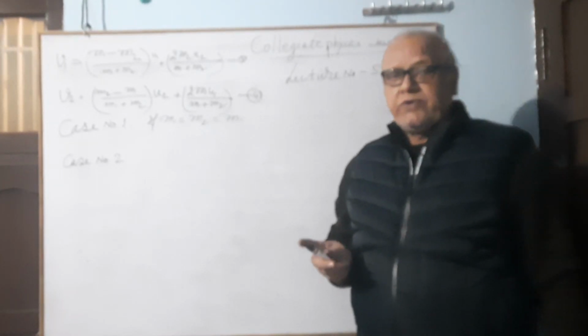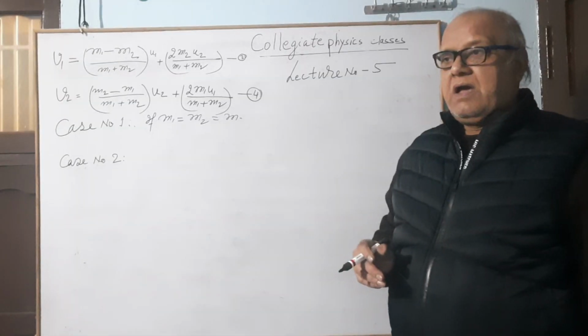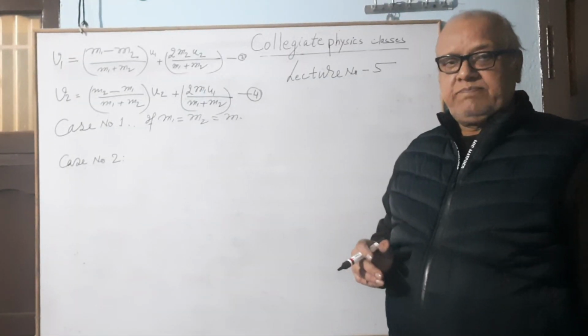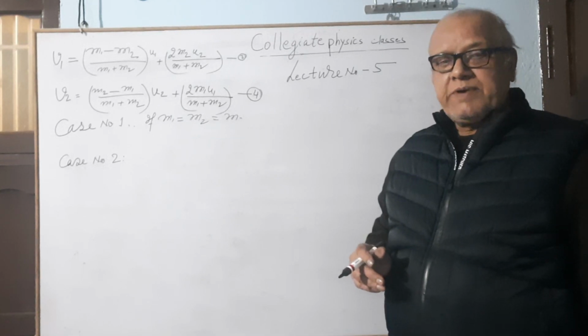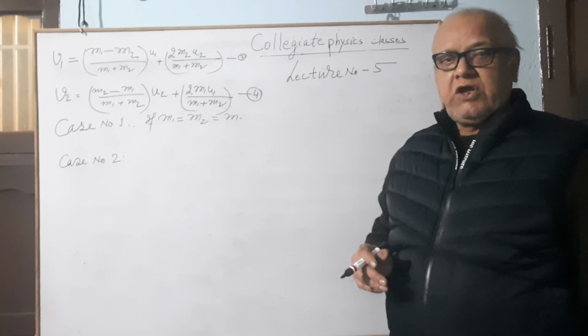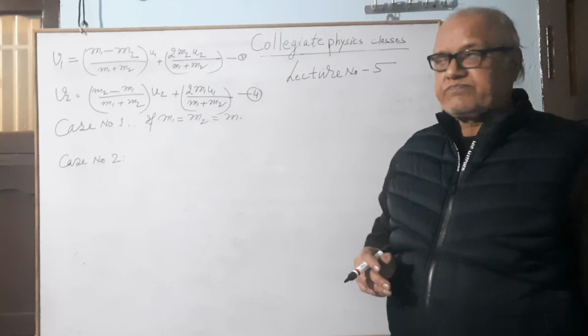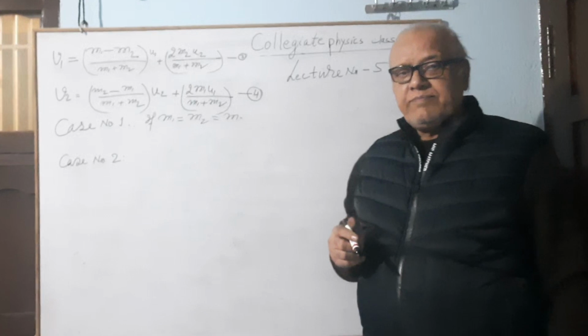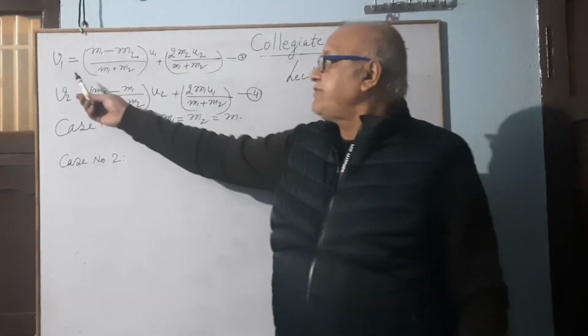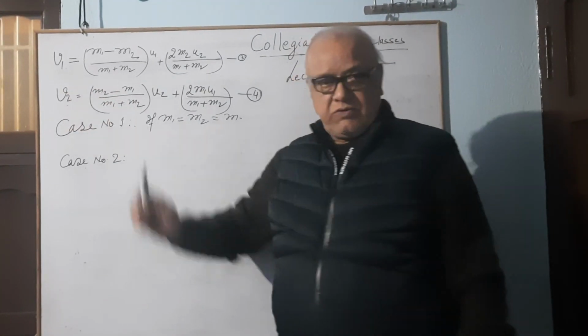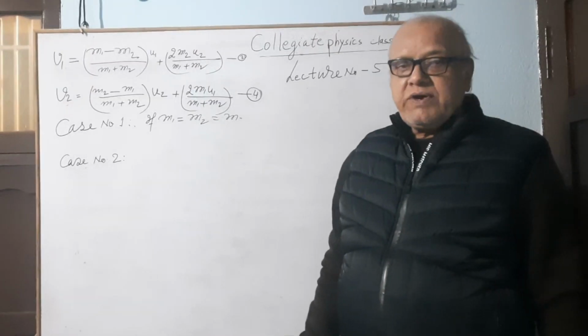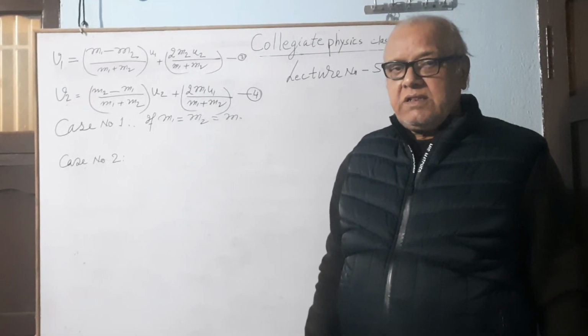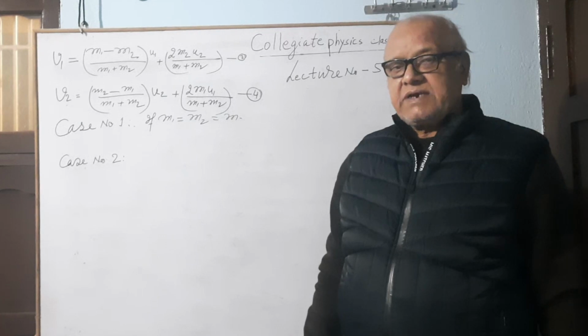In lecture number 4, we started the discussion about the properties of perfect elastic collision in one dimension. We deduced these two equations for v1 and v2. m1 is the mass of the first particle, m2 is the mass of the second particle.